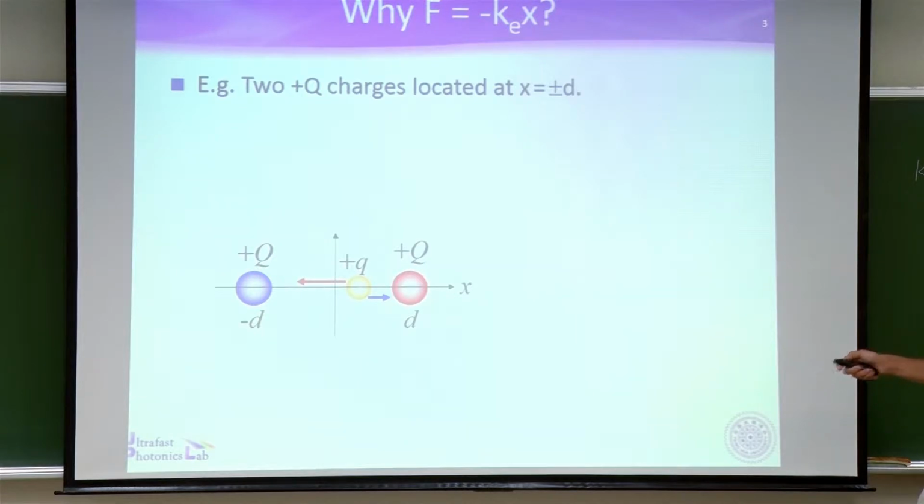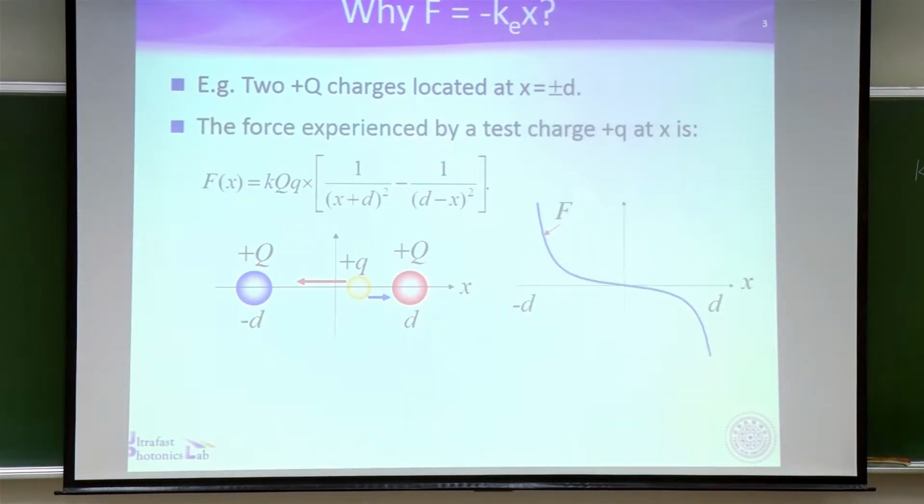To the left-hand side, right? And if your test charge is somewhere to the left, the total force is to the right-hand side. So you can easily imagine the middle point is an equilibrium point. At this position, the total force is 0. Away from this position, it will be pushed back to the middle point. So the central point is an equilibrium, right?